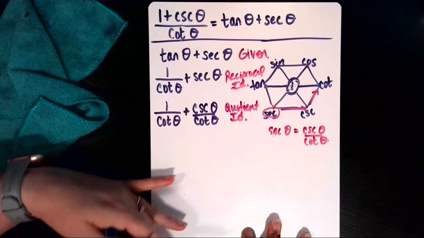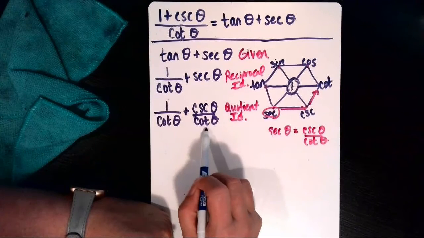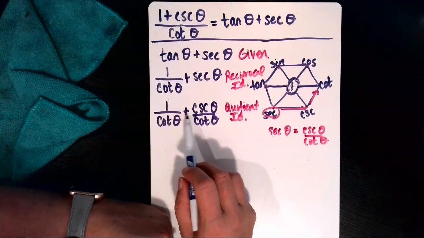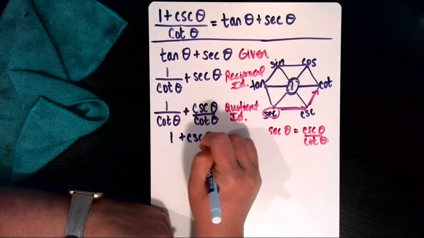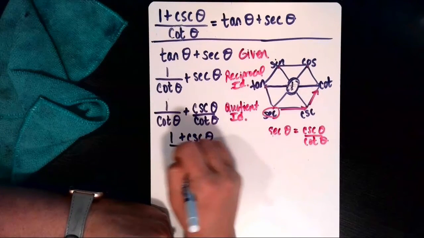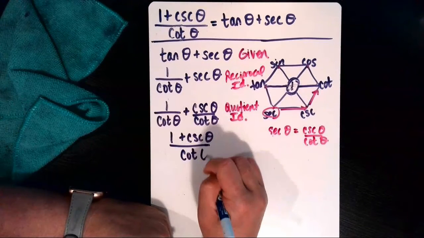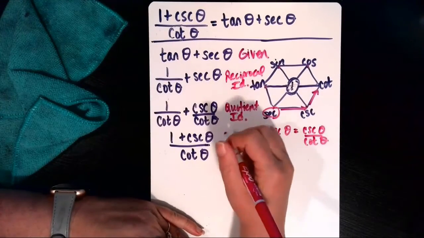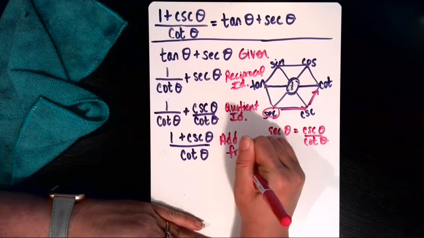So now in step number 4, I look at my two fractions and they have a common denominator. So I can go ahead and add the numerators, 1 plus cosecant of theta, and put that numerator now over the common denominator, cotangent of theta. And the reason that goes with that statement is how you add fractions.